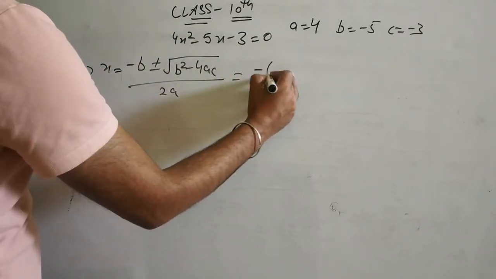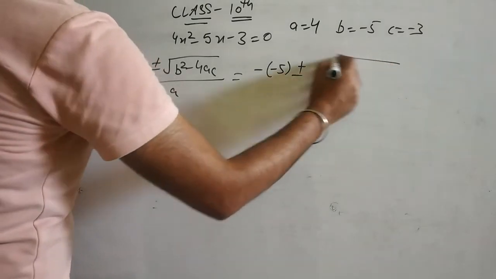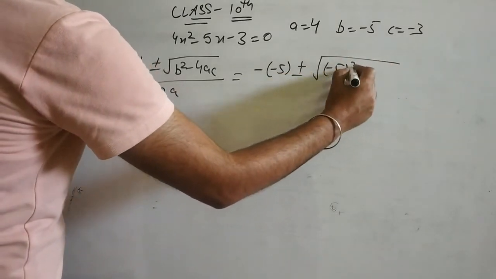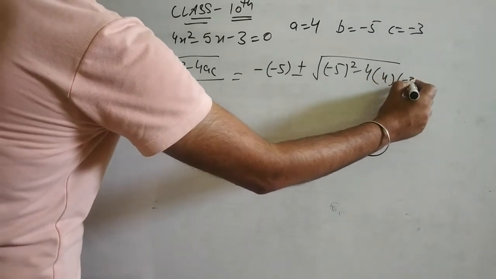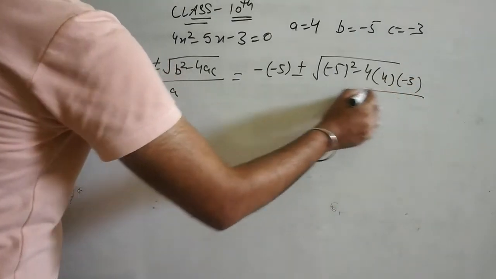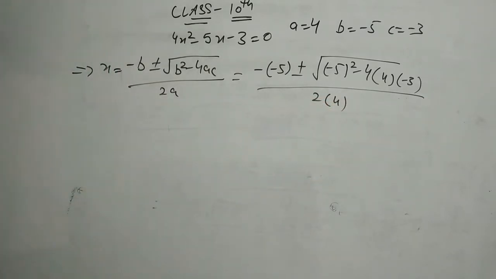Put all the values in the formula. That is minus of minus 5, then plus minus under root of minus 5 square minus 4, the value of a is 4 and the value of c is minus 3, over 2a, so 2 into 4. Now we will solve it.